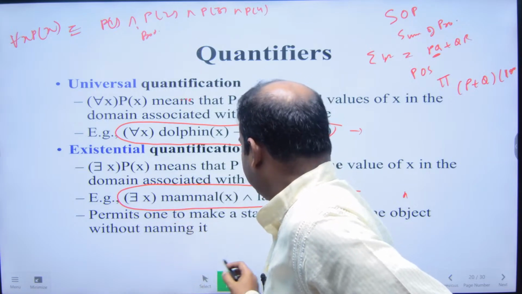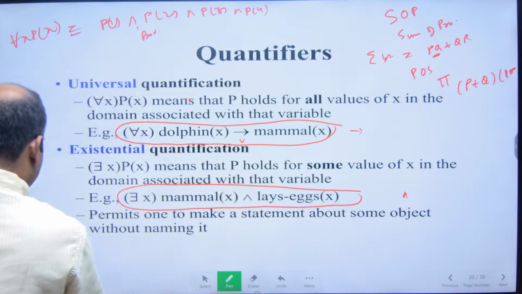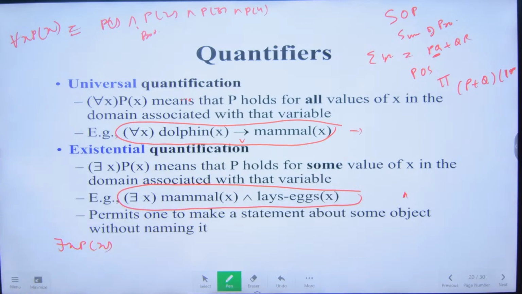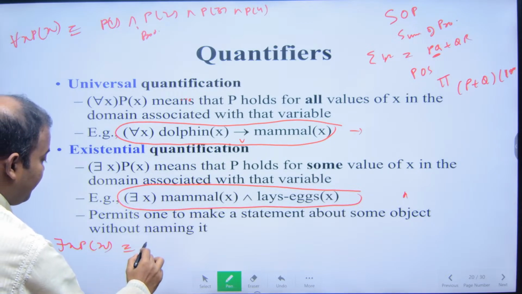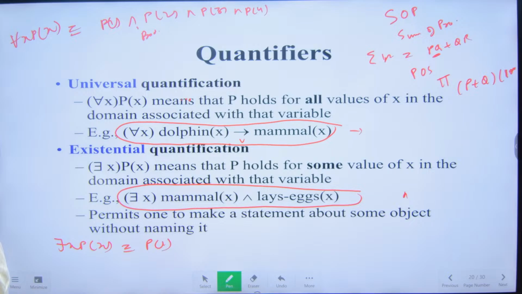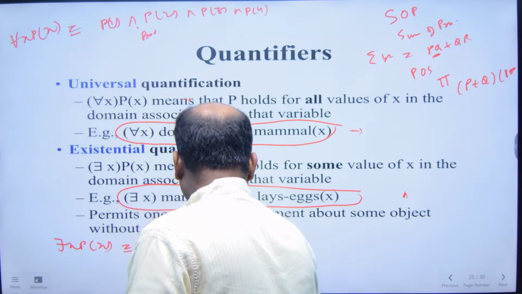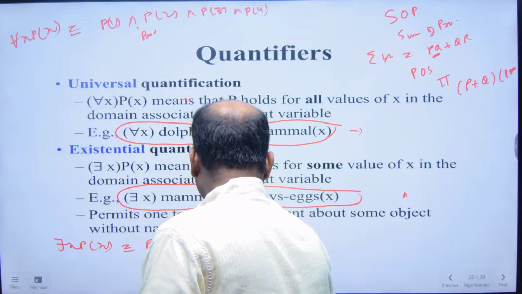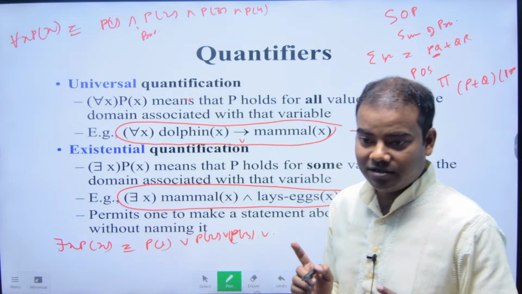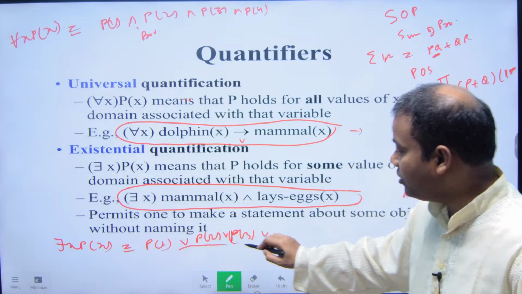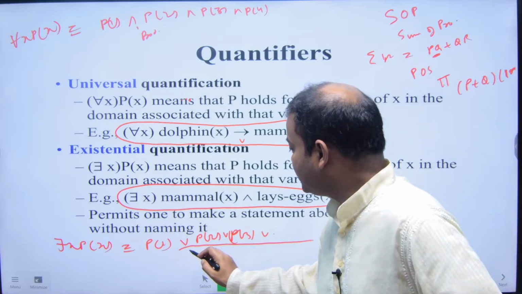And what is there exists x? There exists x, Px means P1 or P2 or P3 or P4 like this. So any one of them is true. So here it is or, so it is sum.